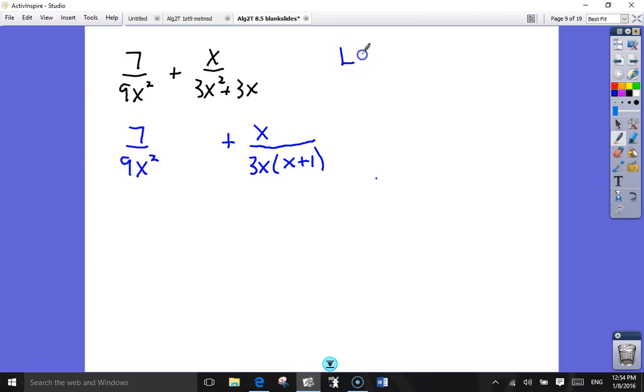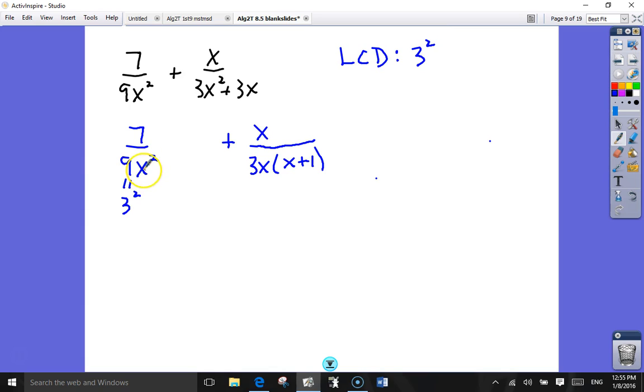Now, the least common denominator should have every factor that you see in either one of these denominators. Now, the truth is I could write the 9 like 3 squared, and then that would mean 3 squared has to be in the least common denominator. You may not resort to that kind of thinking. You might just say, look, between 3 and 9, it's 9.